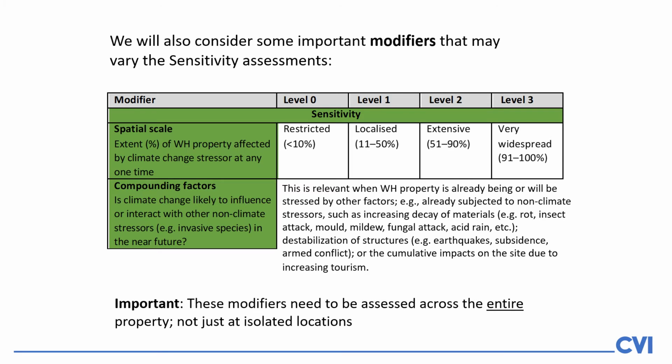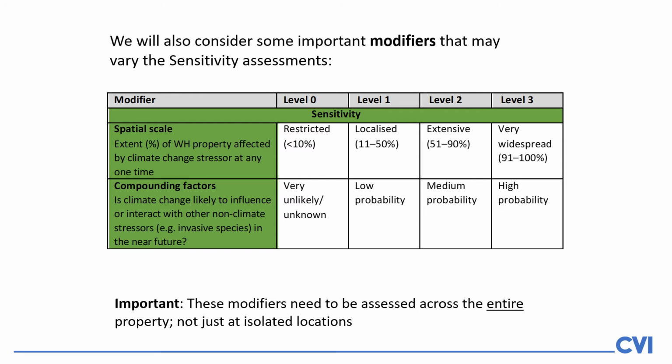Now, are those things going to have an impact, an influence with climate? If it's unlikely or unknown, give it a level 0. But if you think there is a probability that these other non-climate stresses could be exacerbated by climate, then consider it low, medium or high probability. Again, it's important that these modifiers are assessed across the entire property, not just at isolated locations.